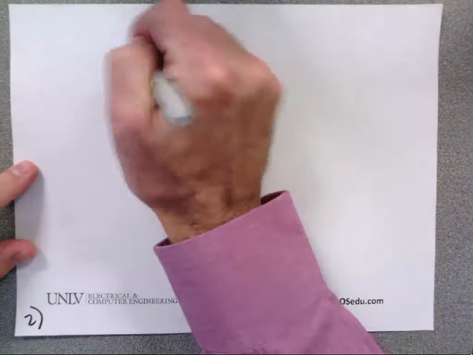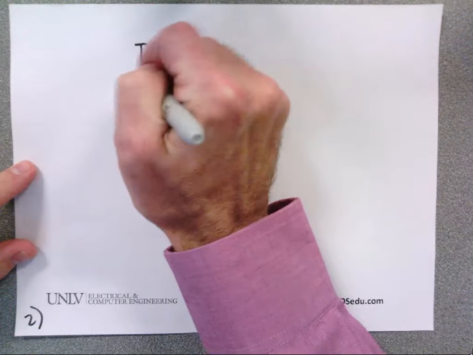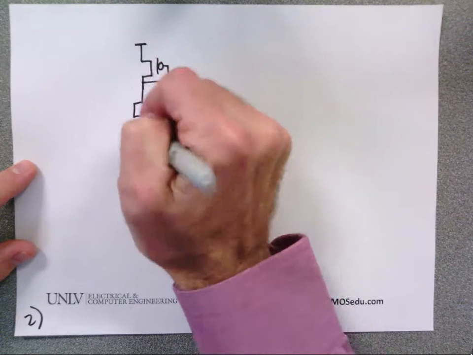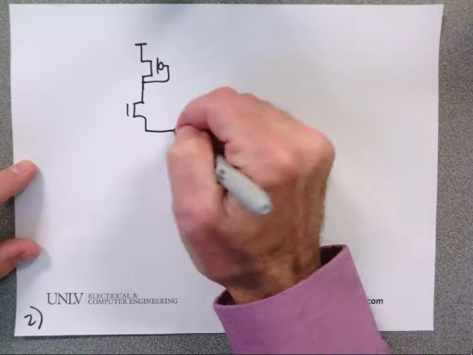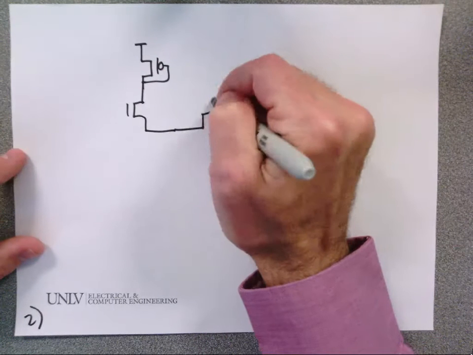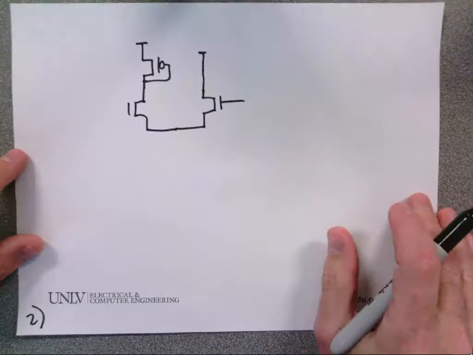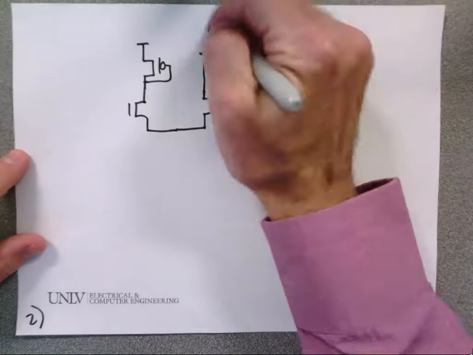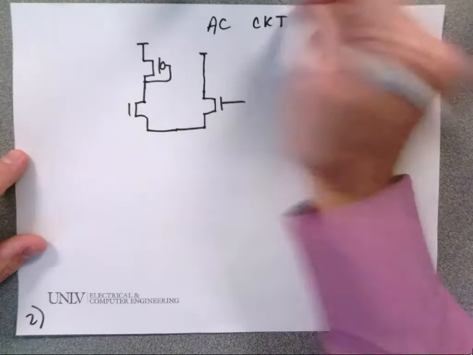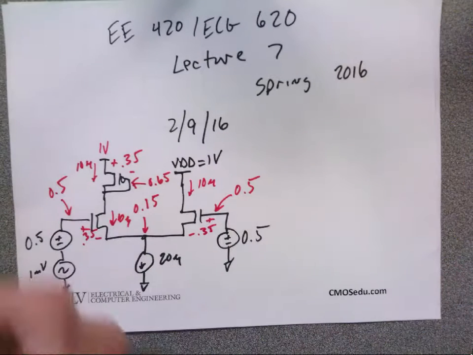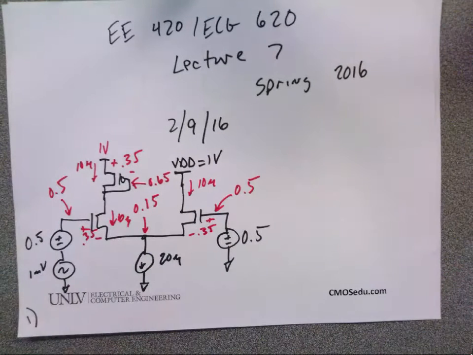Okay, so let's redraw the circuit again and do the AC. I know you're not used to that. Before I continue writing this, how much AC current flows through the 20 microamps and why?